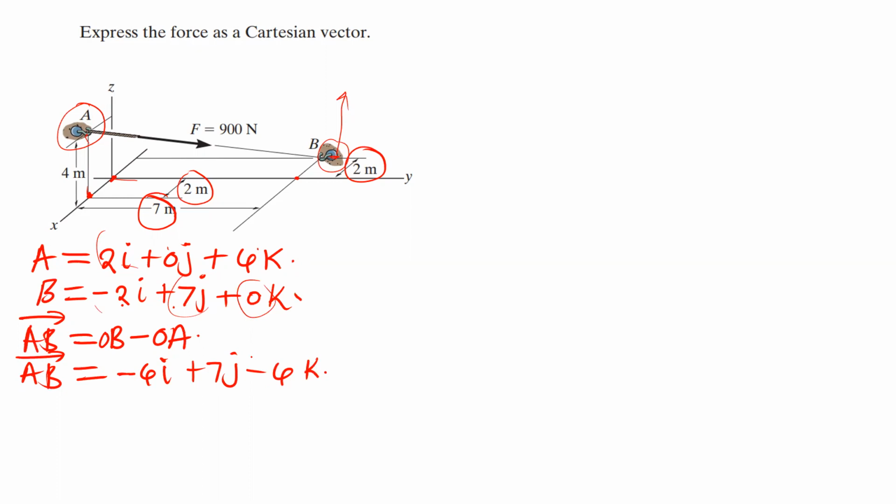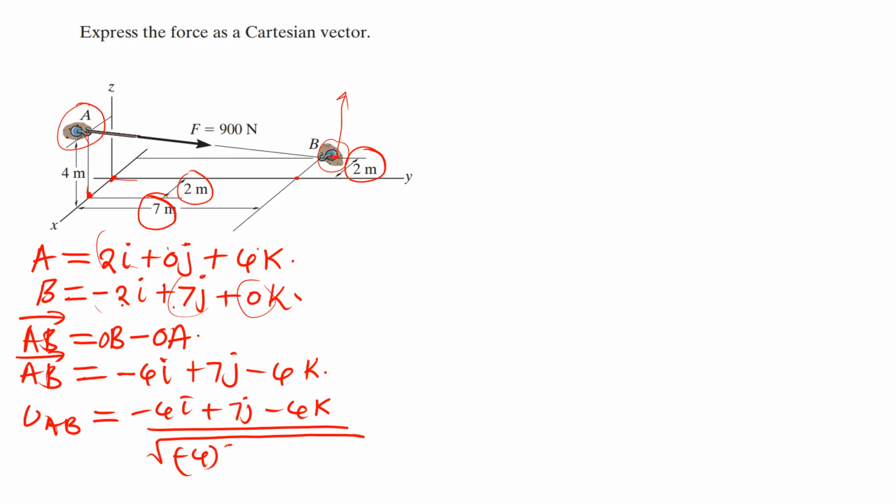Okay. So after finding this vector, the next thing that you need to find is the unit vector of AB. So the unit vector of AB is going to be equal to, we write the same negative 4i plus 7j minus 4k, then we divide everything by the magnitude of this same vector.